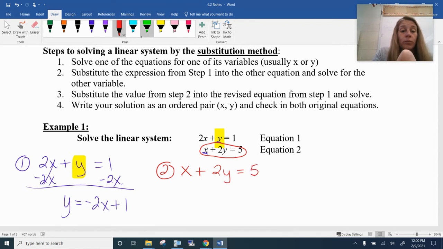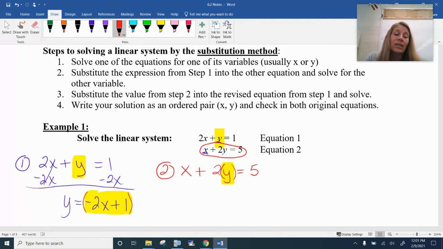And what we're going to do is, since we know that y now equals negative 2x plus 1, we're going to substitute that in to the y in the second equation. So if we know that y is exactly the same or equal to negative 2x plus 1, in this equation over here, I can just replace or substitute my y with that expression, negative 2x plus 1.